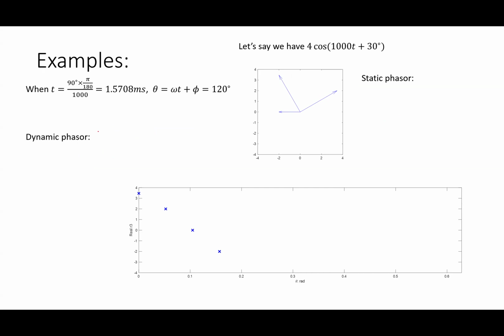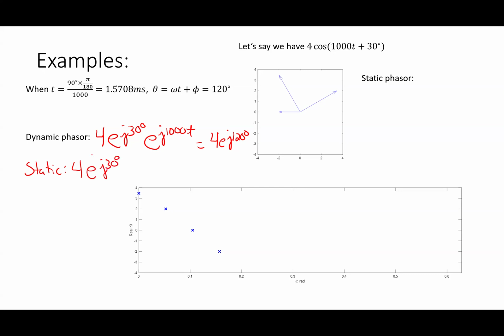So what's the dynamic phasor? Always the dynamic phasor is 4e^(j30 degrees) times e^(j1000t). At this particular point in time, it's 4e^(j120). All right, what's the static phasor? What's it always? 4 with an angle of 30 degrees. So 4e^(j30 degrees).